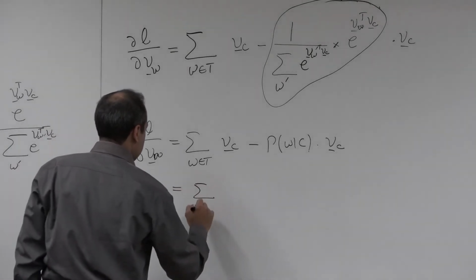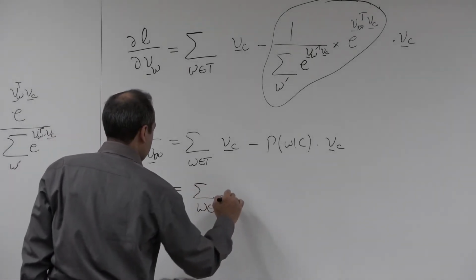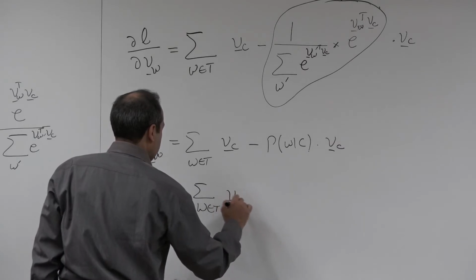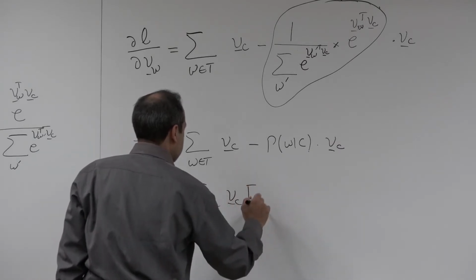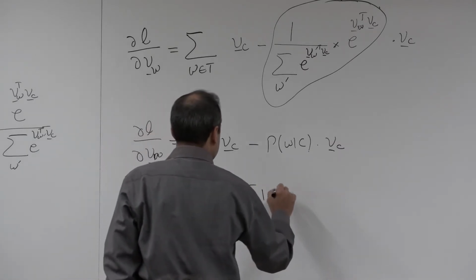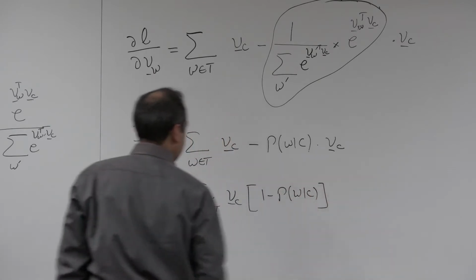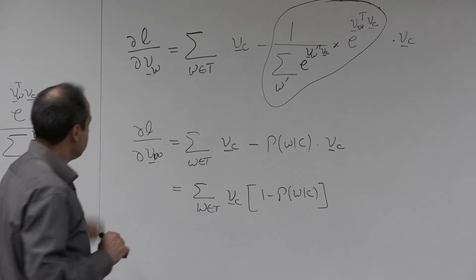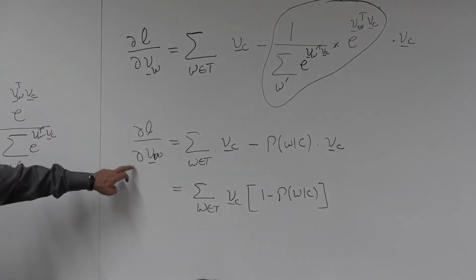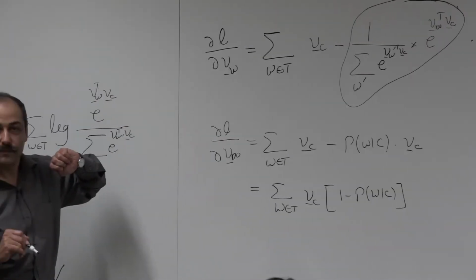So I take this factor Vc times 1 minus P(W|C). Okay. That's the derivative of log likelihood with respect to Vw.